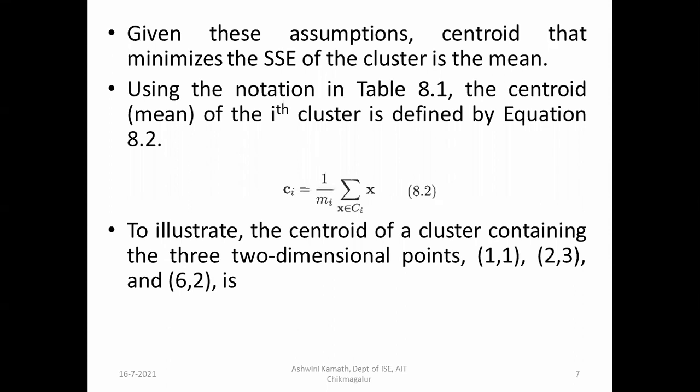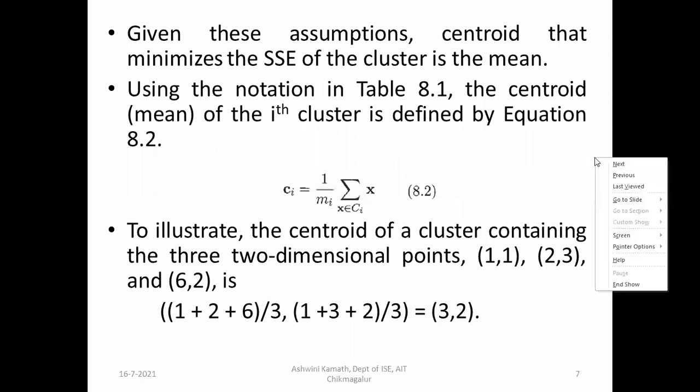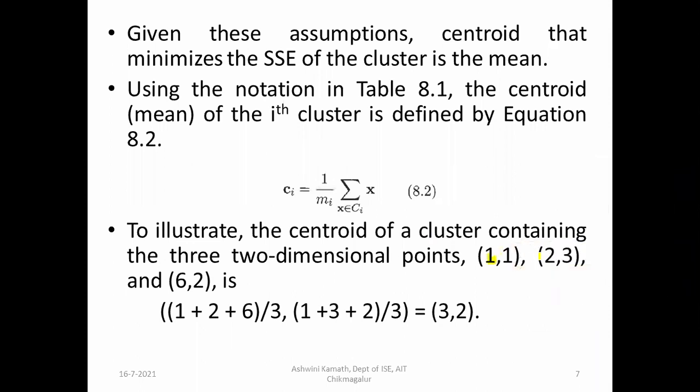To find the cluster centroid, add all the first values and divide by 3. So 1 plus 2 plus 6 divided by 3 is 9 by 3, which is equal to 3.